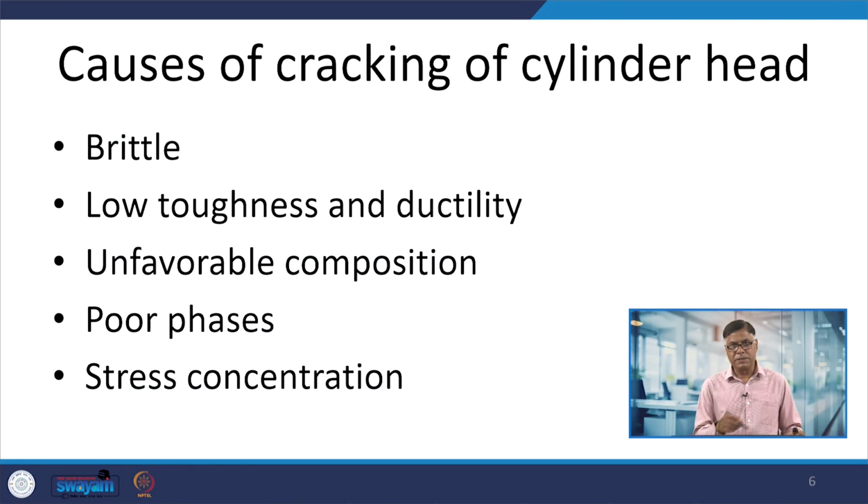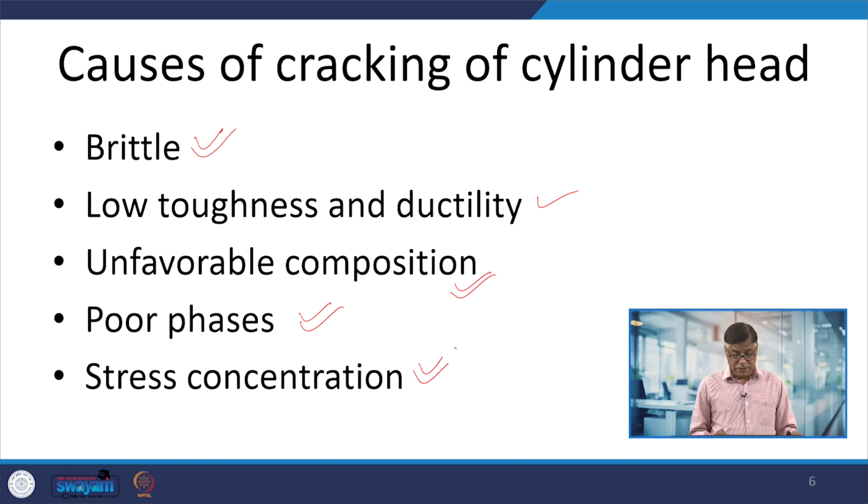Initially, based on the initial investigation, it was thought to be high brittleness, low toughness and ductility, unfavorable operating conditions like the possibility of improper working of the cooling system, poor phases in the cylinder head material, or stress concentration.